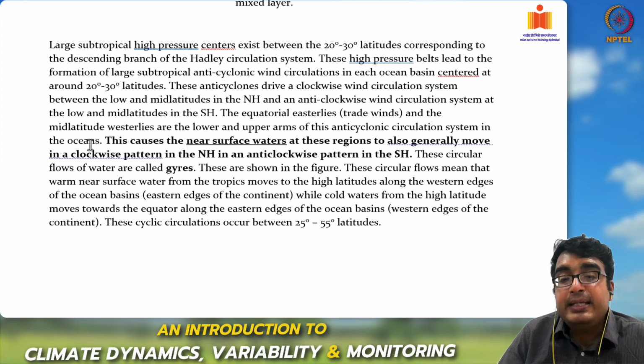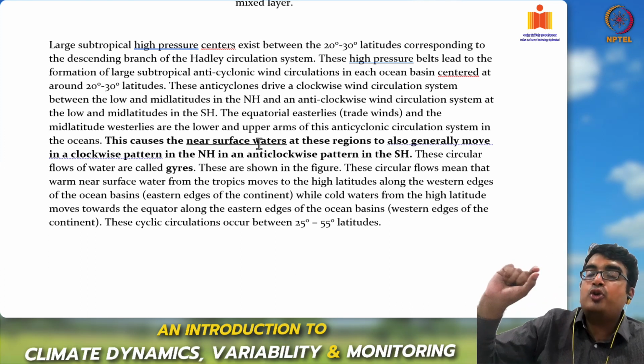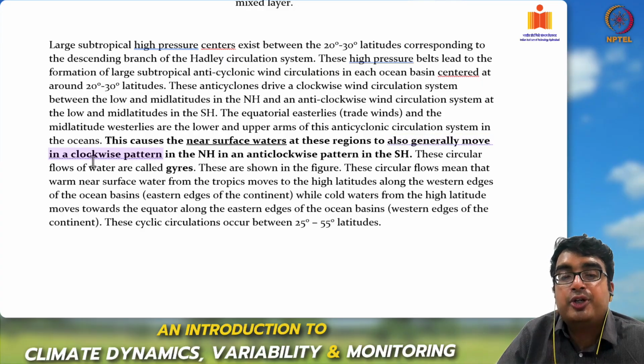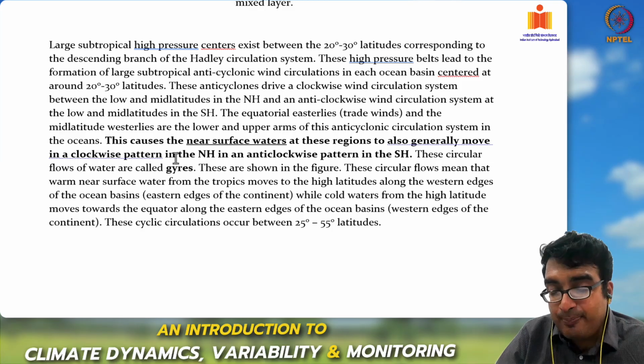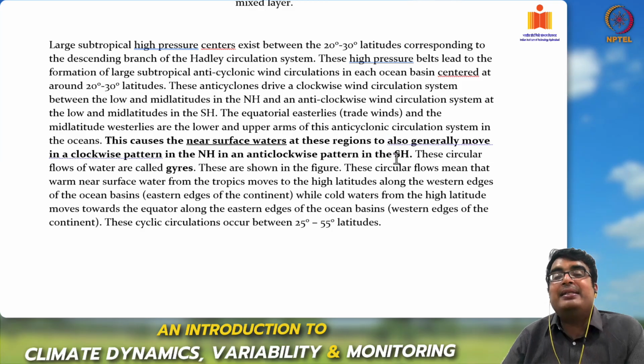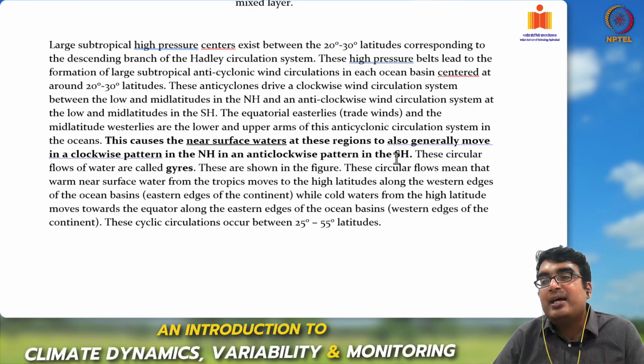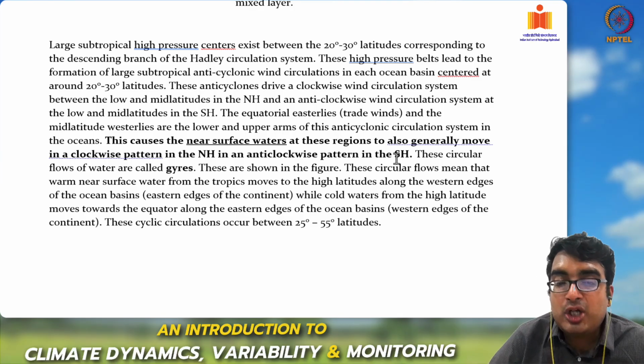This causes the near surface waters close to the surface, not the entire mixed layer, at these regions to also generally move in a clockwise pattern in the northern hemisphere and in the anti-clockwise pattern in the southern hemisphere. And these circulating water flows are called gyres.